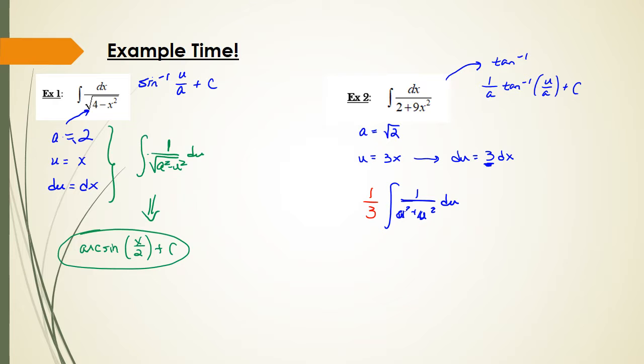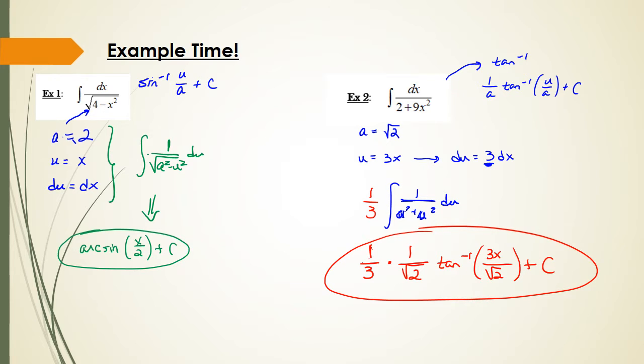So the final answer is 1/3 times 1 over a, which in this case is 1 over radical 2, times arctangent of u over a, so 3x over radical 2, plus c. And we could pretty much leave it like that.